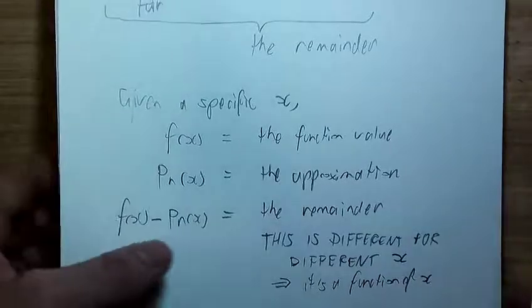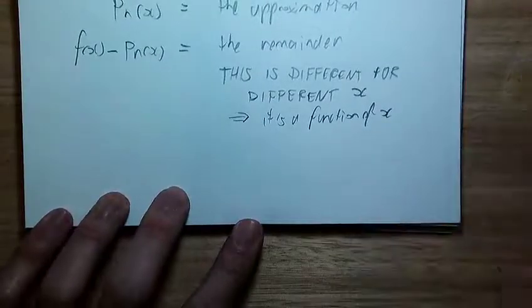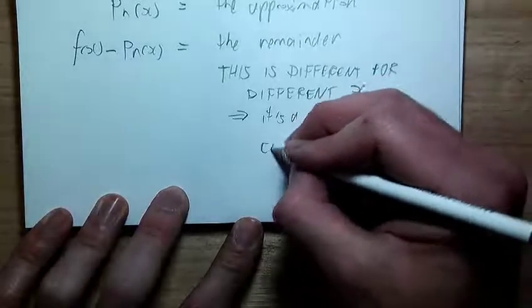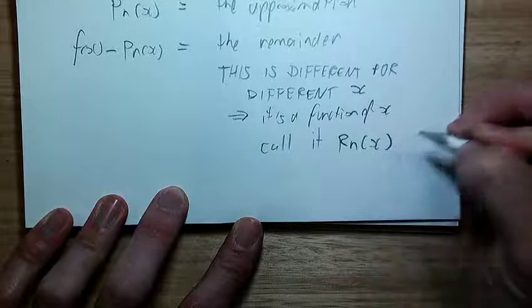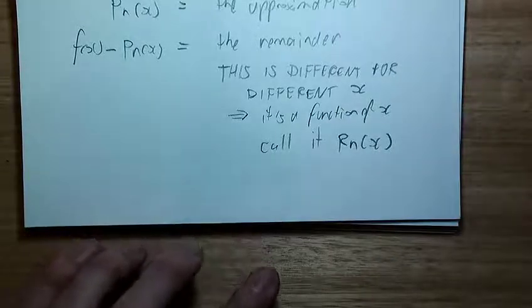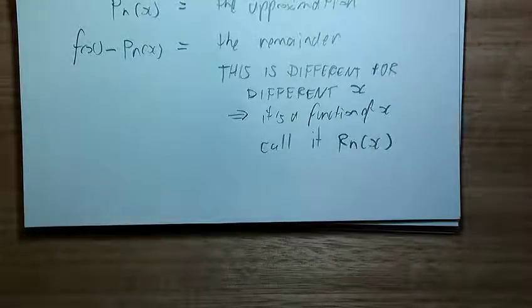And so, because it's a function, we elevate it by giving it a name of its own, R_n(x). The n is important because it'll be different depending on what n is as well.